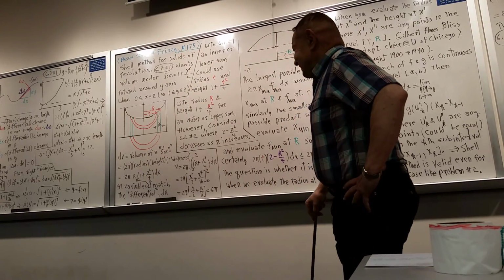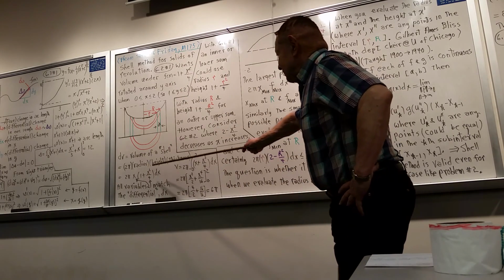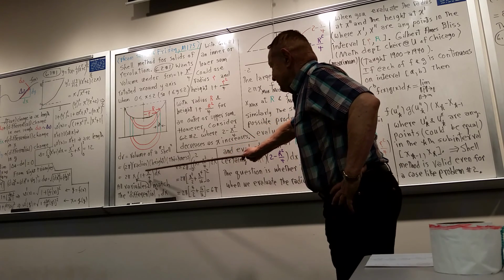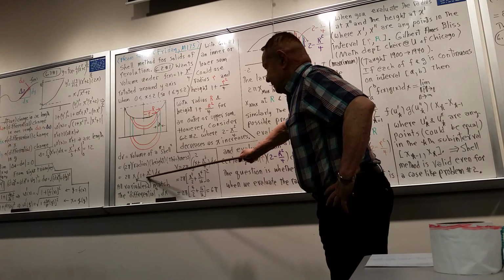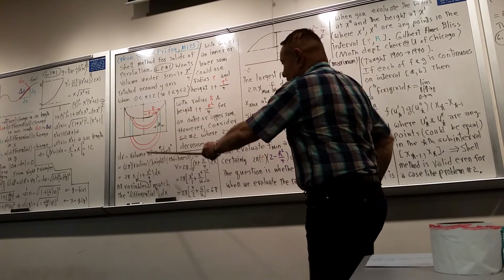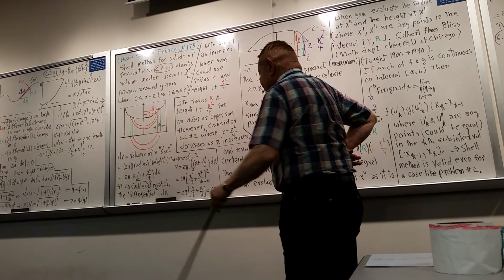So then 2 pi times the radius x, height 1 plus x squared over 4, thickness dx, would be your differential volume.